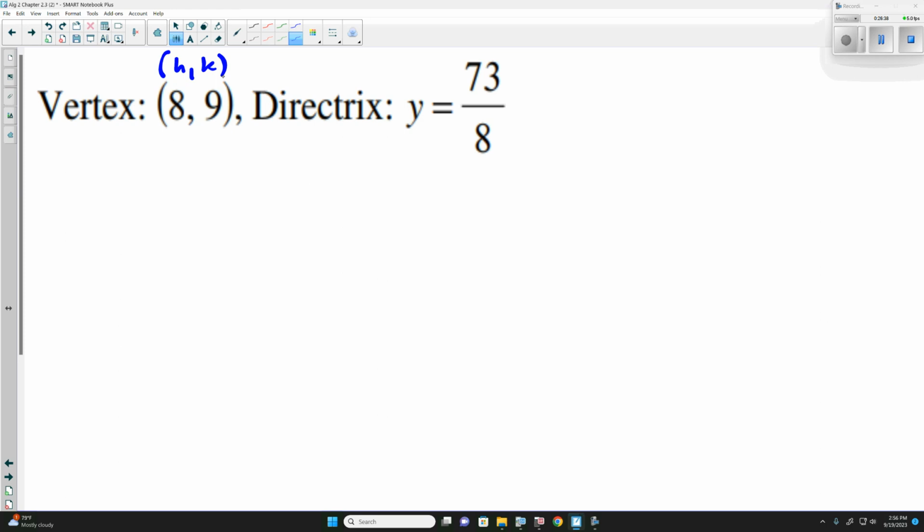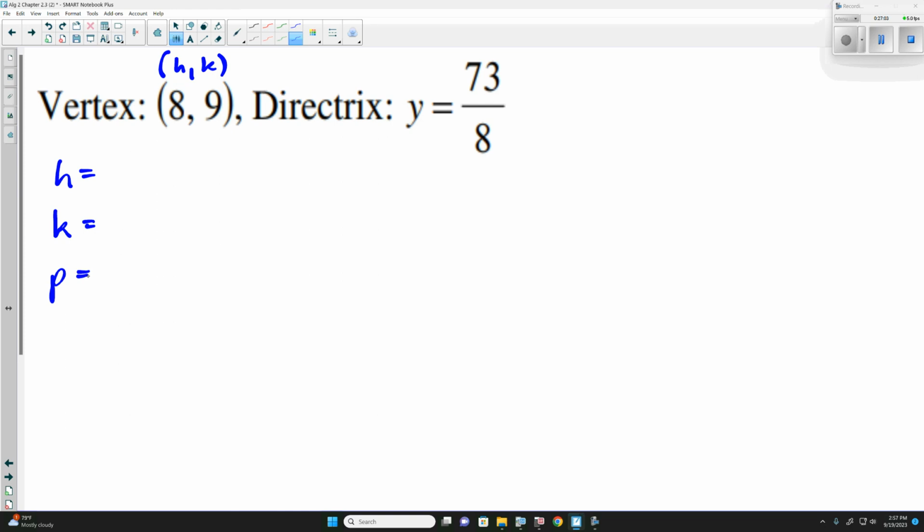Now again, just like all the problems we've been doing, we need to find the values of h, k, and p. And after we do that, we also need to find the equation that it connects to, yes? So h, k, p.